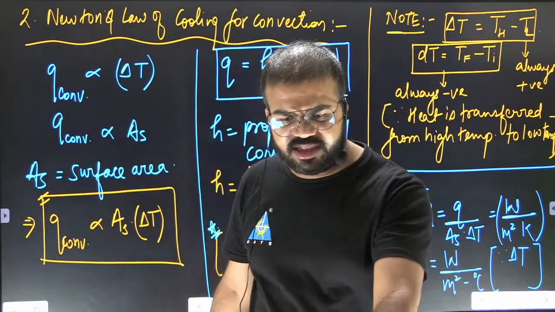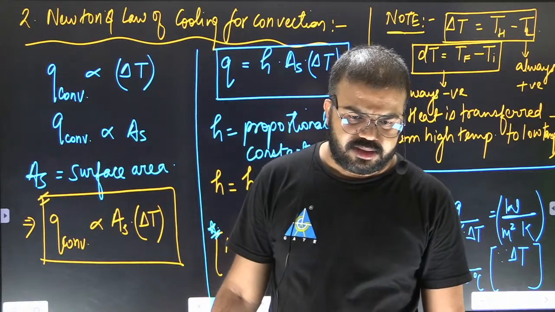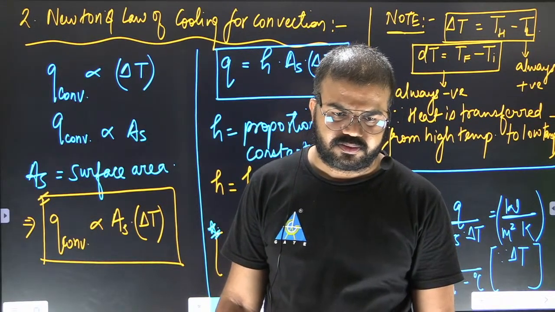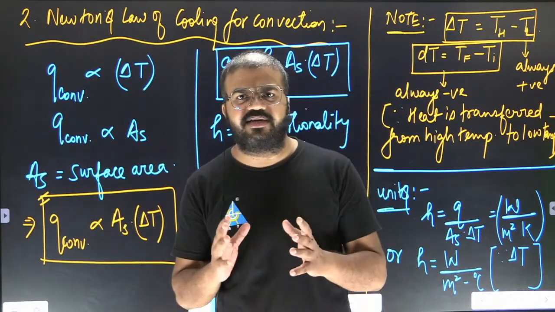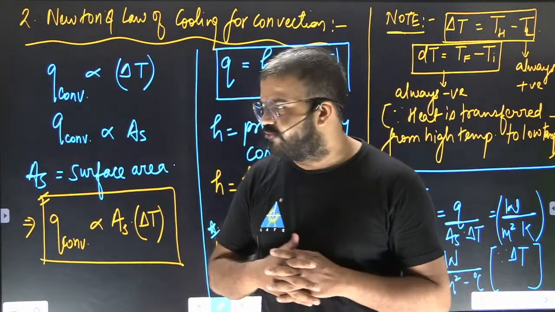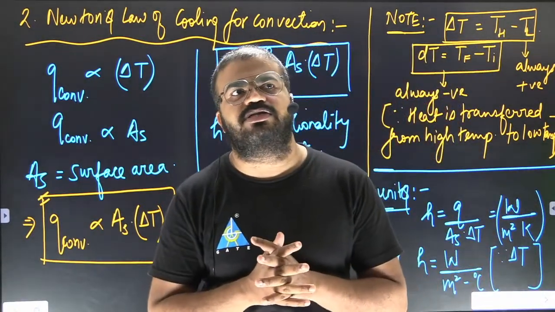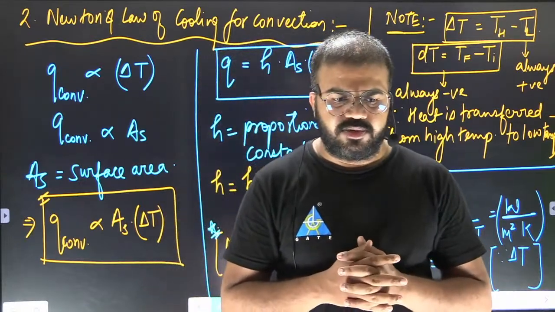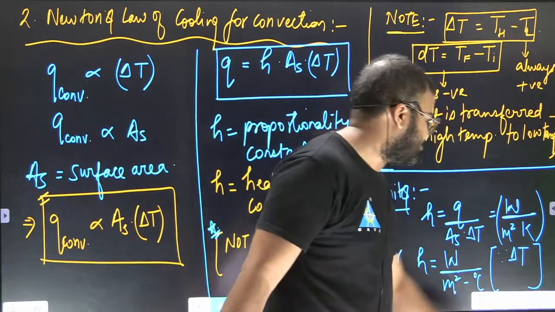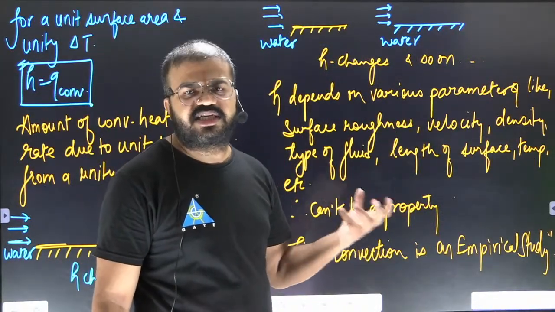Please try and understand what I am teaching you. This value of h is very, very volatile, in a sense. Why is it so? The reason is that it depends upon various factors. So it cannot be a property. It is a circumstantial value.